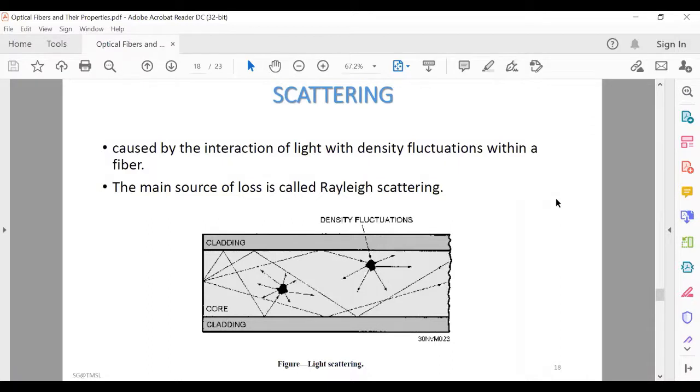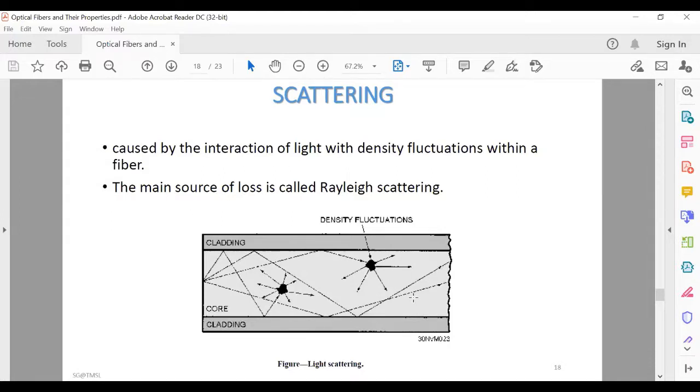Light traveling through the fiber interacts with the density.